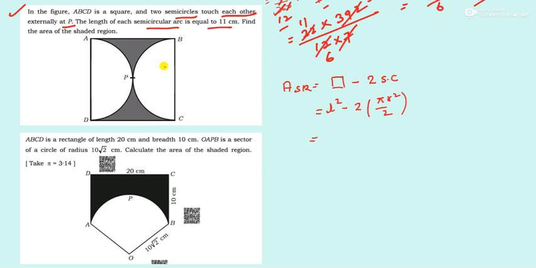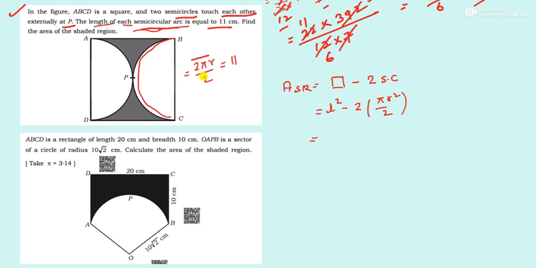Do they have given the length? No, but they have given the length of each semicircular arc. So semicircular arc means 2 pi r by 2, because for a circle the circumference is 2 pi r. Since it is a semicircle, you have to write 2 pi r by 2, which is equal to 11.